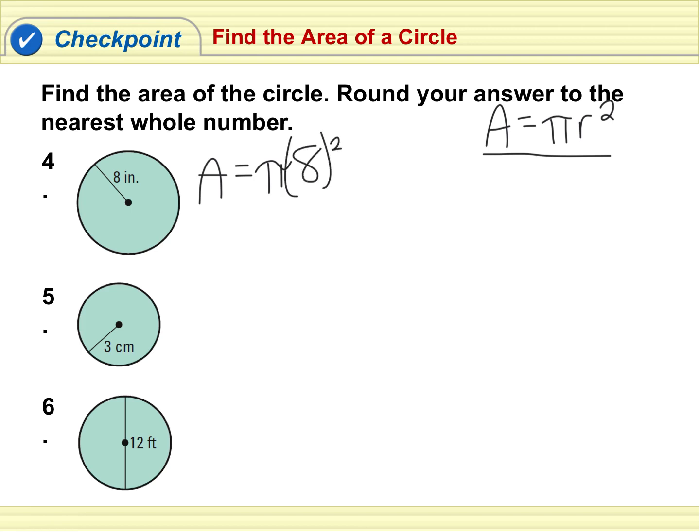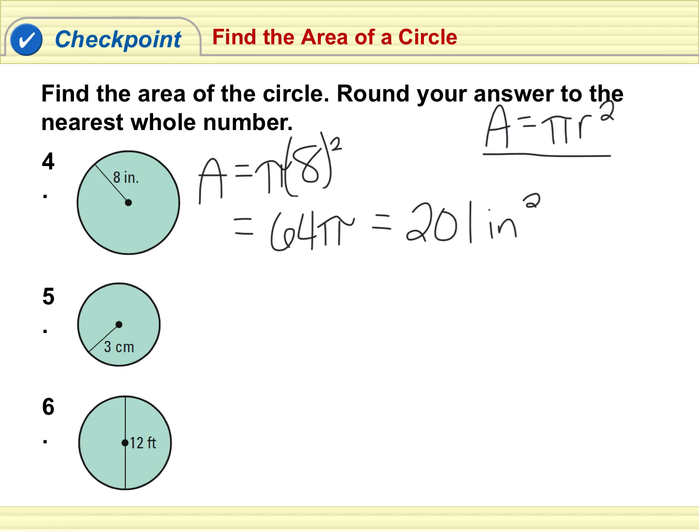So what do we need to get first? 8 squared, which is 64. What's 64 times pi? 201. What is my label? Inches squared. Yep, because it's area.